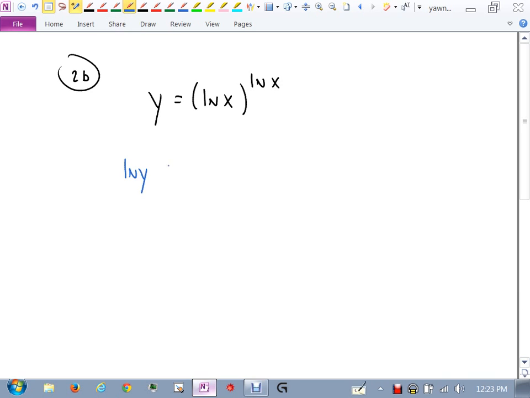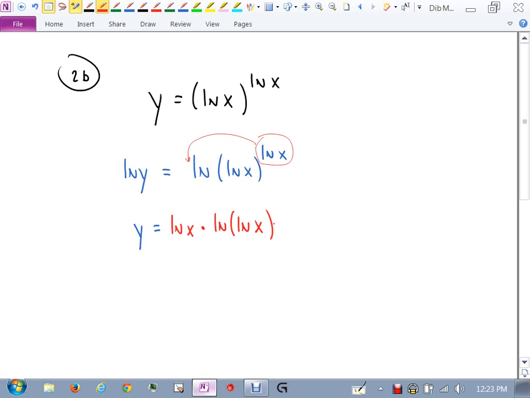Natural log of y equals natural log of natural log x to the natural log x. So I took natural log on both sides. I'm going to pull the power out, right? The power is the natural log x. So I have natural log x times natural log of x.